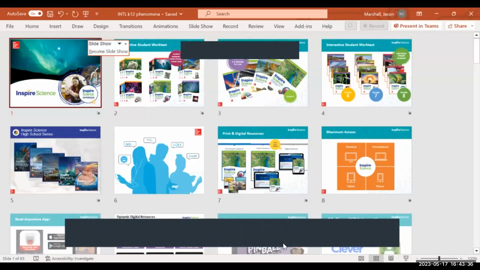Screen is gone again. Sorry, Jason. Boy, I do not know what's going on here, Cerise. I'm seeing a weird outline around my screen here. Yes, that's exactly what I'm seeing. A weird outline that I've never seen before. It's gone now. It's back on. Wow, that is weird.